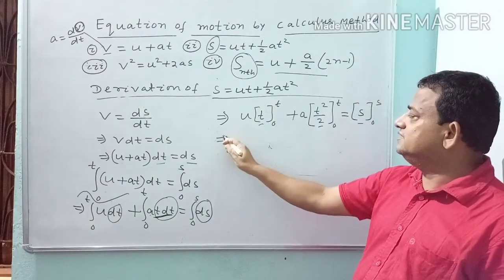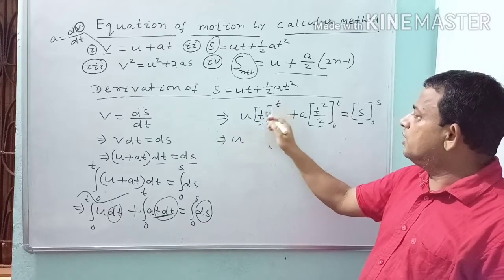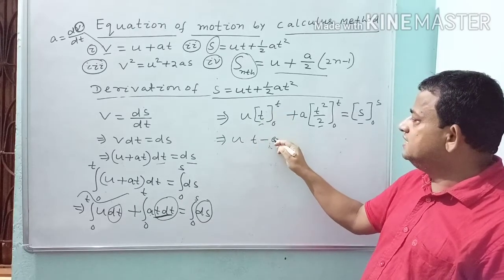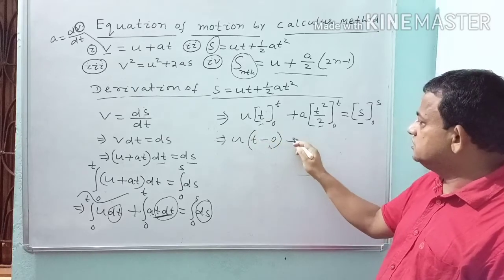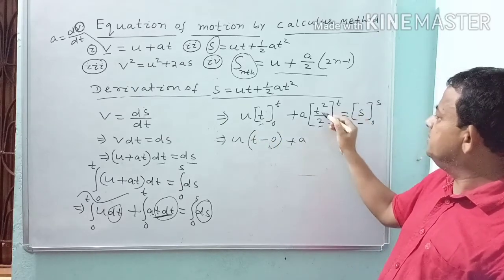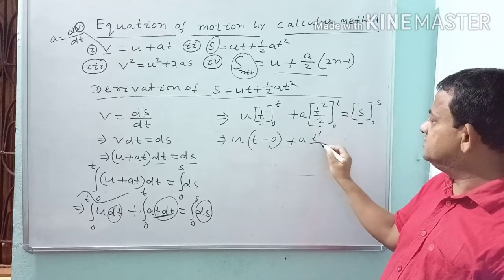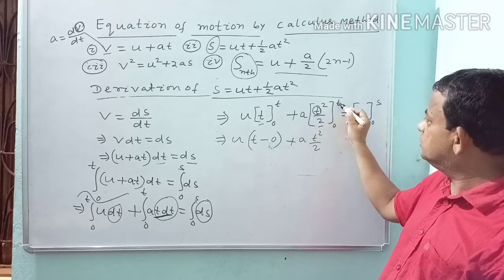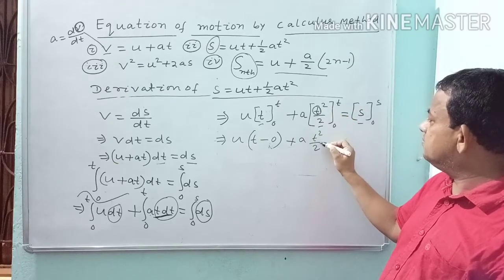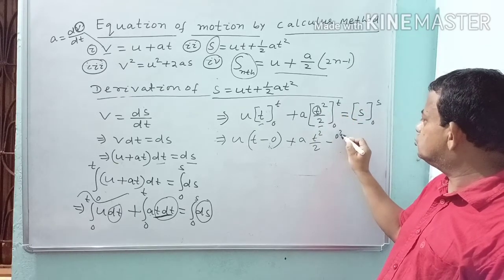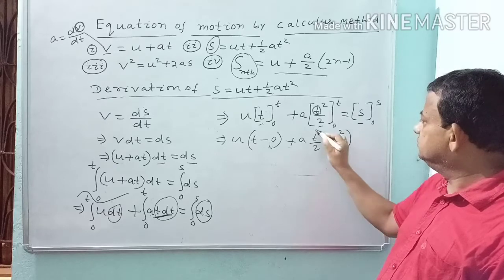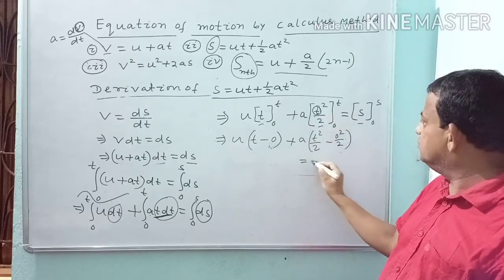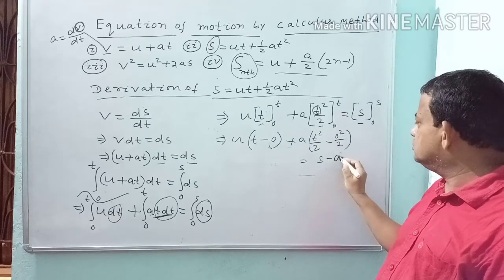That implies u, upper limit t minus lower limit 0, plus a, upper limit t, that means t square by 2. At this point, put this value: t square by 2 minus 0 square by 2. For this, put 0, that is equal to s minus 0.